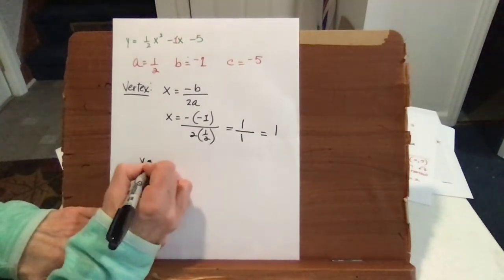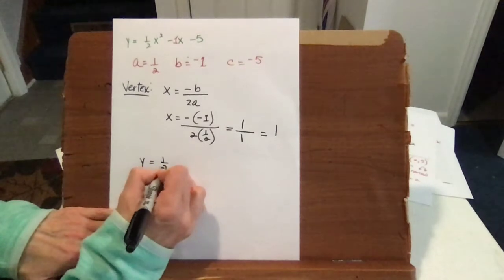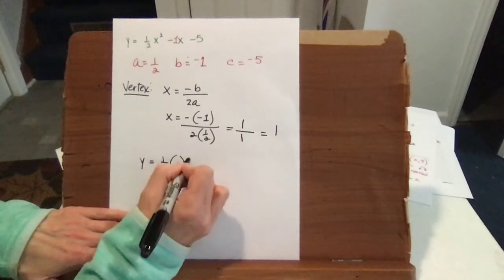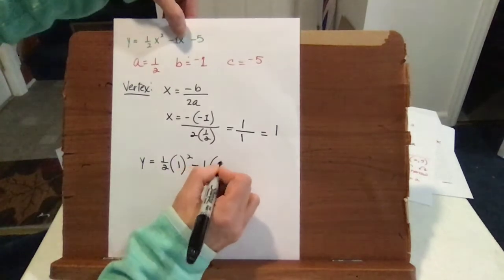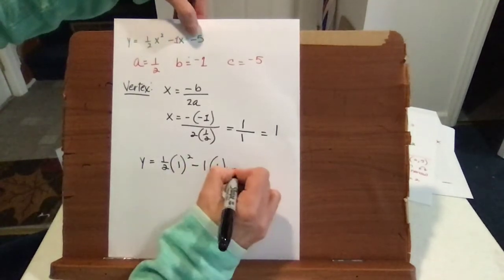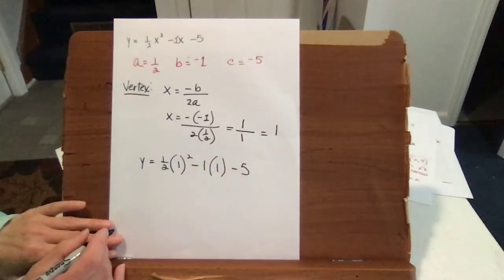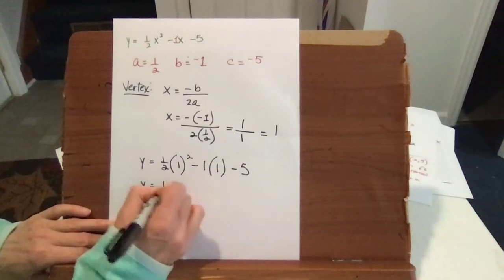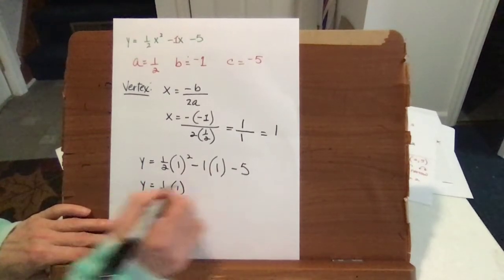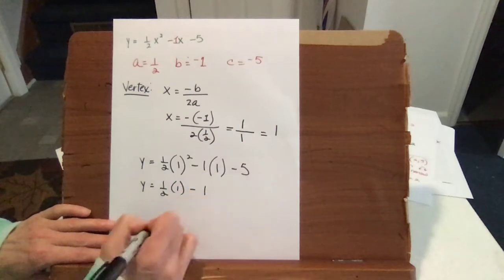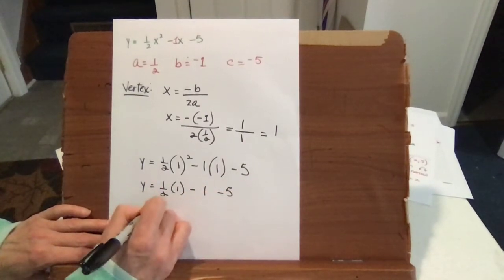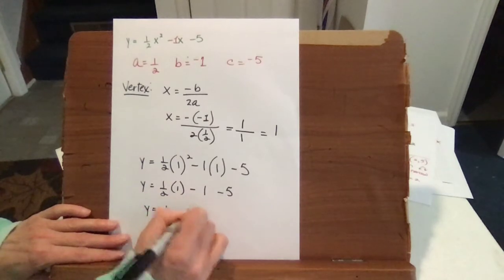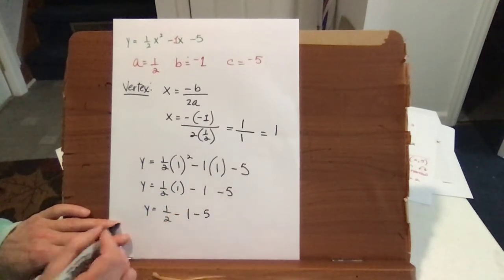Now our y value is equal to 1/2. Plug in that x, square it, minus 1 times 1. Plug in that 1 again, and then minus 5. 1 squared is 1. 1 times 1 is 1, and minus 5. Half times 1 is half. Minus 1, minus 5.